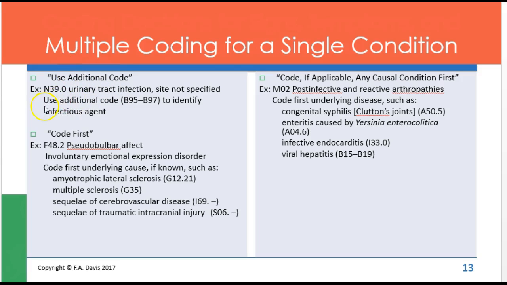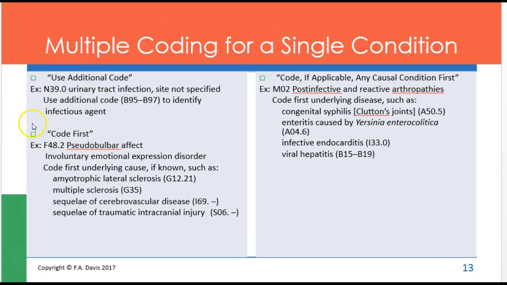Your coding manual tells you to use an additional code, and they give you codes to go and verify. Again, never code without verifying, to identify the infectious agent that is causing this infection. Okay, so it's telling you you need an additional code.